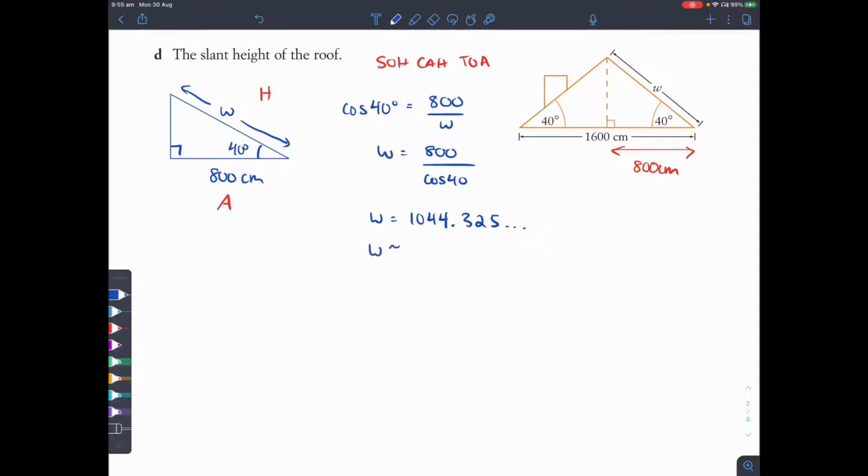Now, to round this to two decimal places, this will be 1,044.33. This makes sense because this is the longest side of the triangle, so it should be bigger than this 800. There we go. Let's move on to question 5.